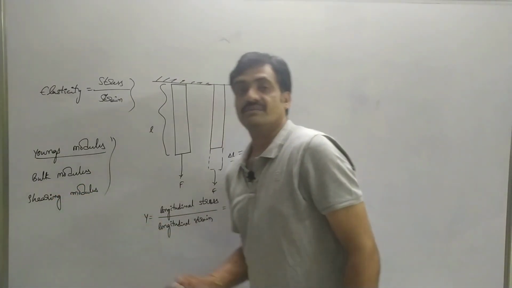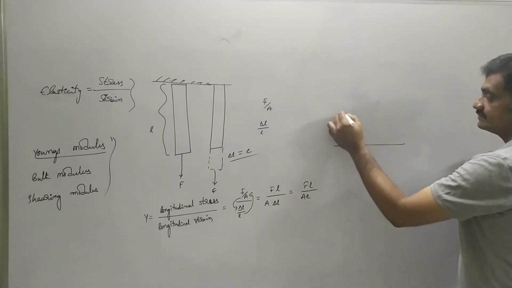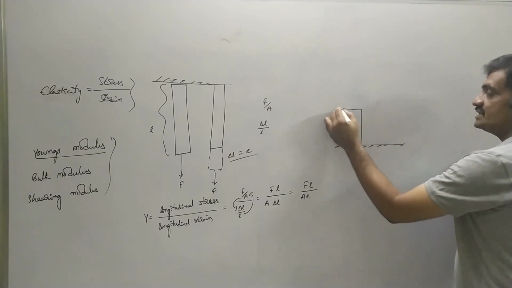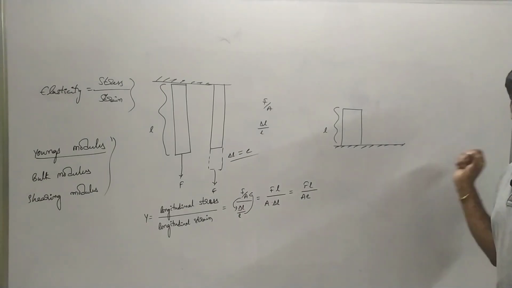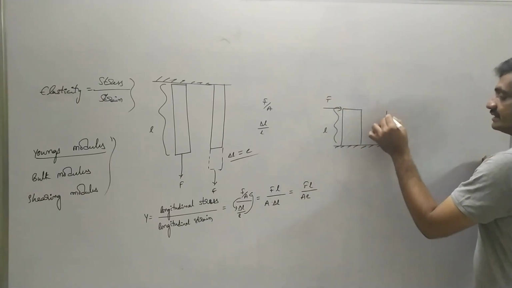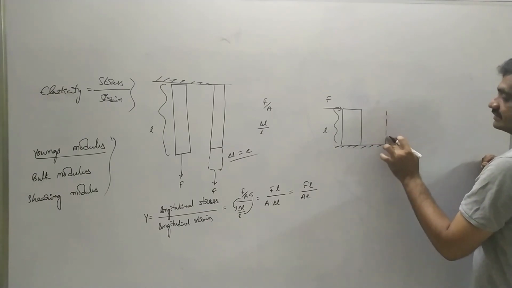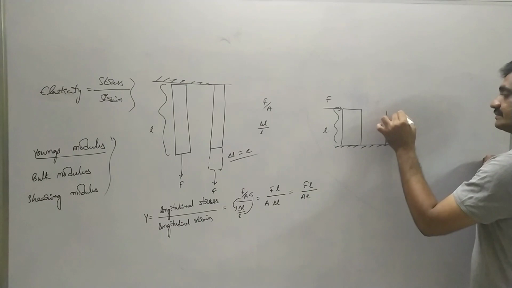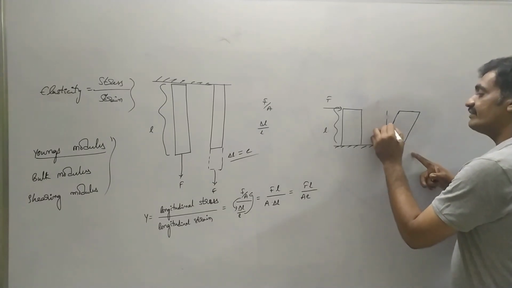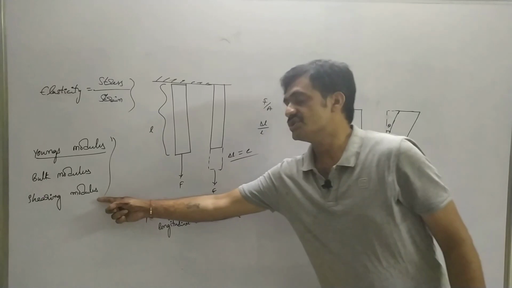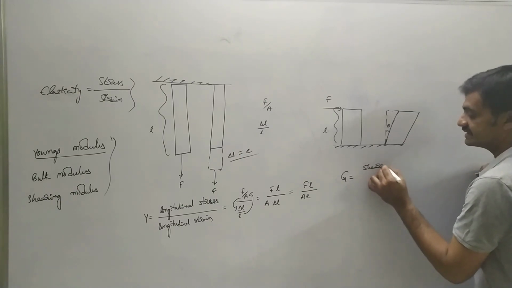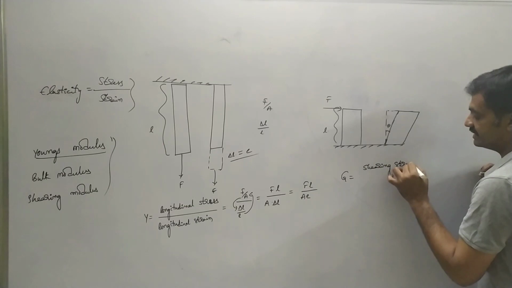Whereas in the case of shearing modulus, we consider a body which is fixed at the lower end like this, with length L. Now, by applying a force at the top, if the body makes an angle of theta, then we can represent shear modulus as shearing stress by shearing strain.